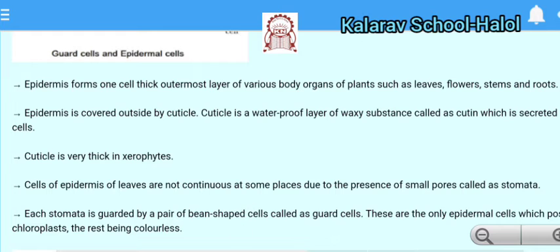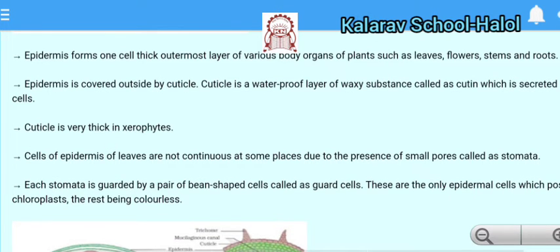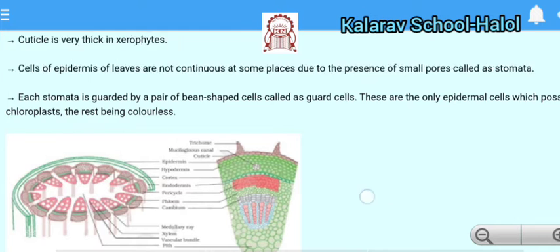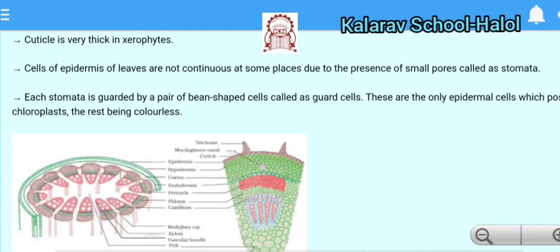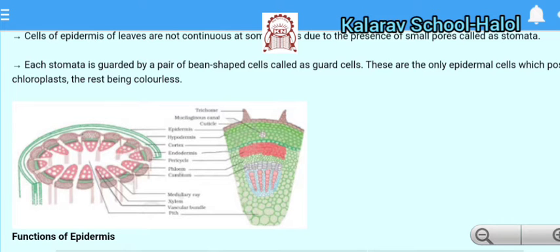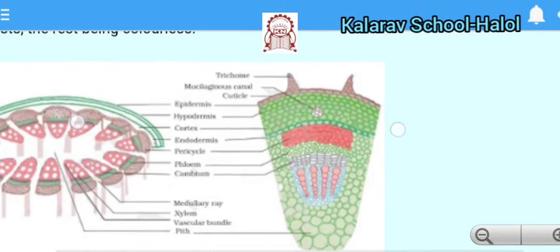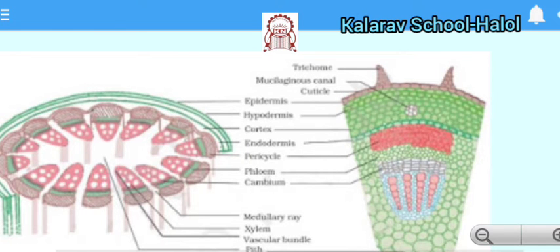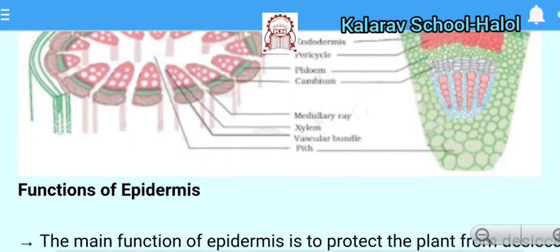The epidermis of leaves is not continuous, and at some places there are small pores called stomata. Stomata are guarded by guard cells, which are the only epidermal cells that possess chloroplast, the rest being colorless. Here you can see the diagram showing the epidermis as the outer layer, which provides protection.